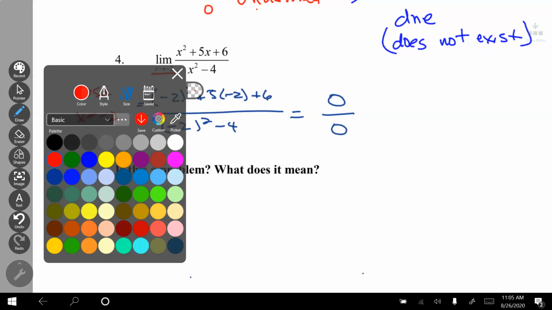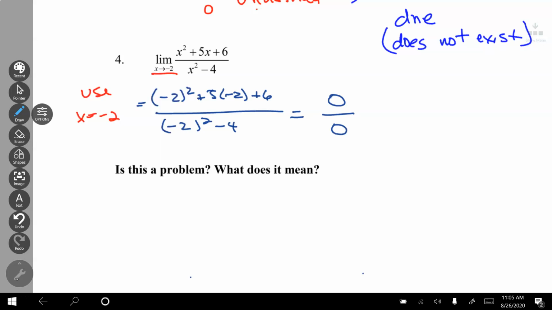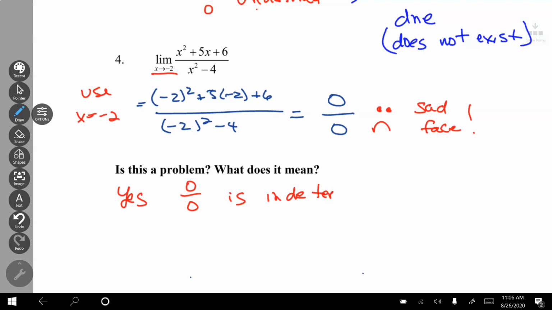Those who had me last year, you realize that I do not like this at all. I'm very unhappy. I make a sad face. Is there a problem? Yeah, there's a problem. 0 divided by 0 is indeterminate.